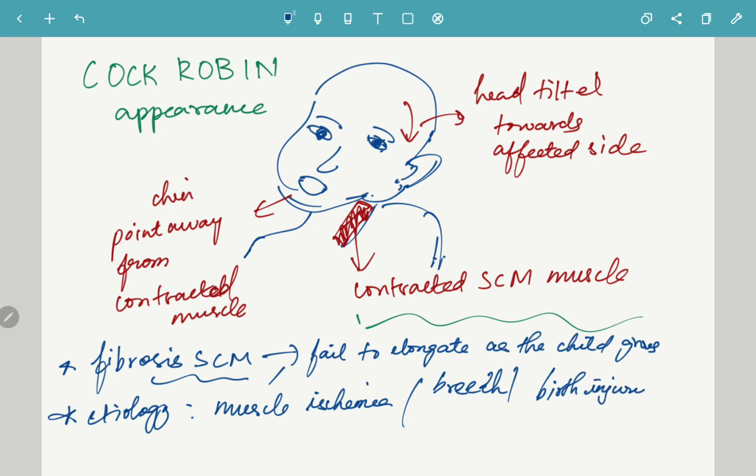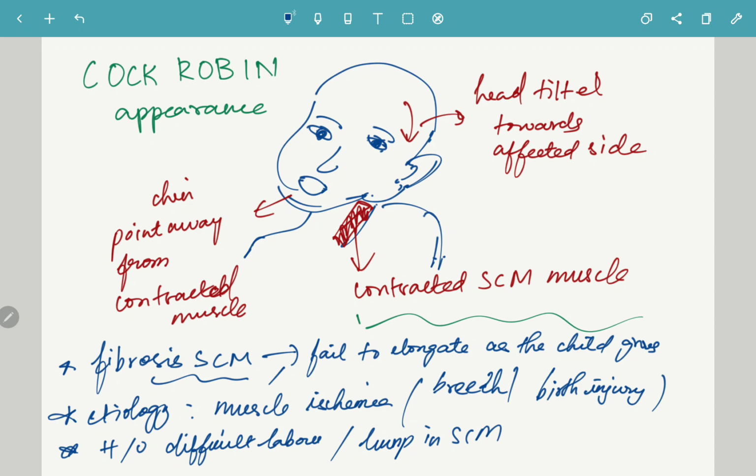Generally the mother will give a history of difficult labor, followed by a lump over the sternocleidomastoid. This is the typical history. A lump in the sternocleidomastoid muscle is otherwise known as a sternocleidomastoid tumor.